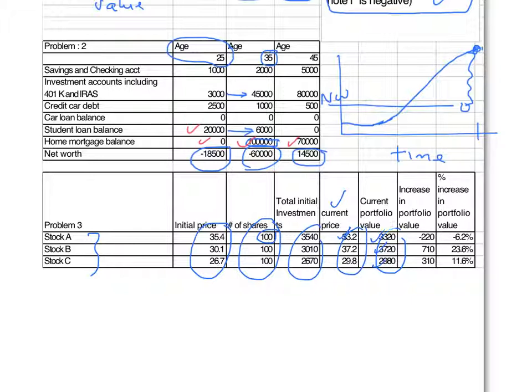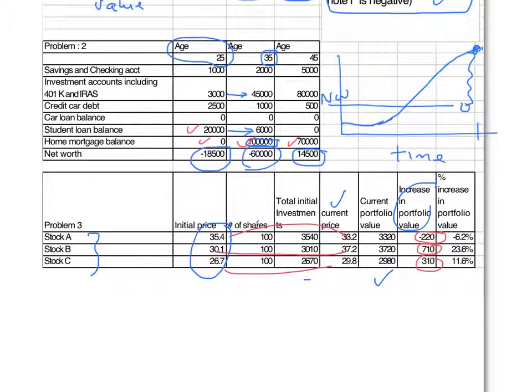I'm just going to make it easy to read. These numbers over here, and then the change will be how much did it change? Because the price for the first one has gone down, it was 35, now it is 32, and the other two have gone up, so you'll expect the change for that one to be negative and the others positive.